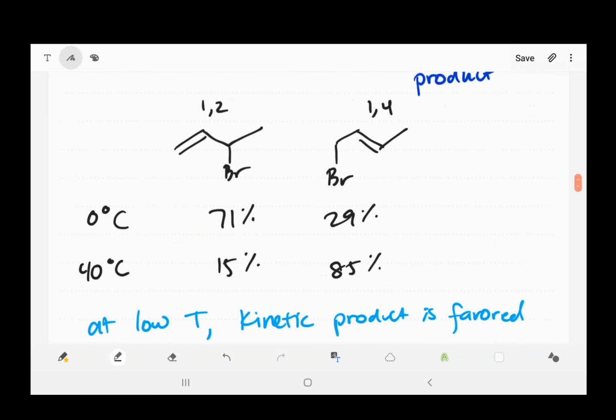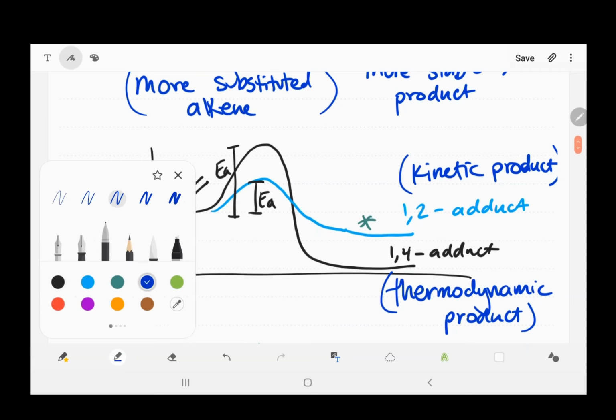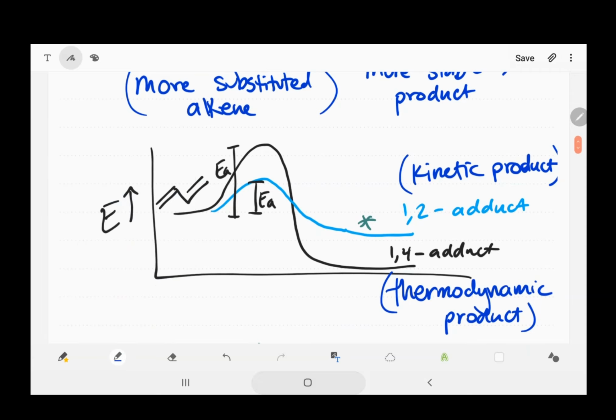If we take a look at the graph, remember that delta H is the difference between your product energy and your starting material energy. Which of these has the bigger delta H? It's the 1,4, right? 1,4 is more exothermic.